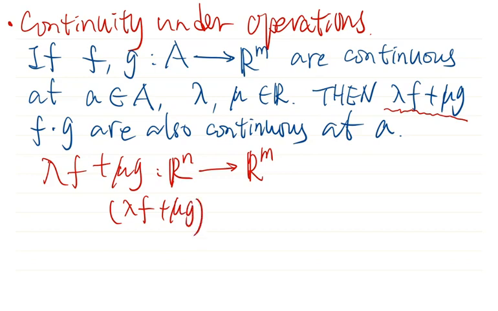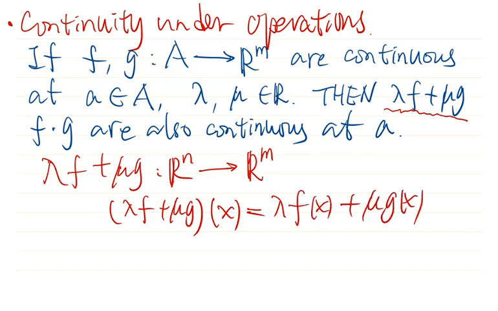For any independent variable x, the value of this function at x is lambda f(x) plus mu g(x). Here f(x) and g(x) are points in Rn, so lambda f(x) is scalar multiplication, mu g(x) is also scalar multiplication, and then this is the addition in Rn.